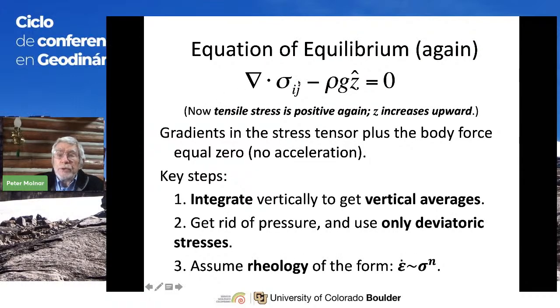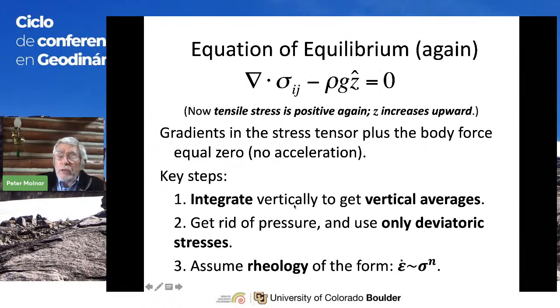And so once again, one starts with the equation of equilibrium, and that's the equation, but in words, this says that gradients in the stress tensor plus the body force equals zero. There's no acceleration. So this is Newton's second law with no acceleration. And the key steps to applying this are simple.